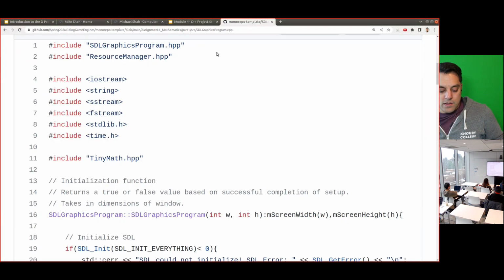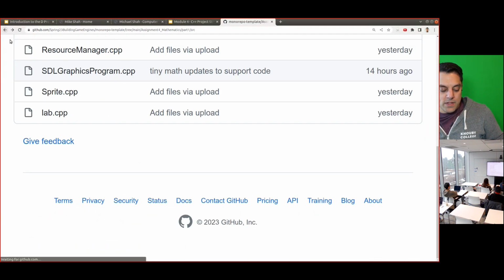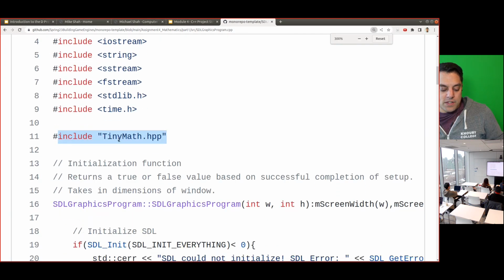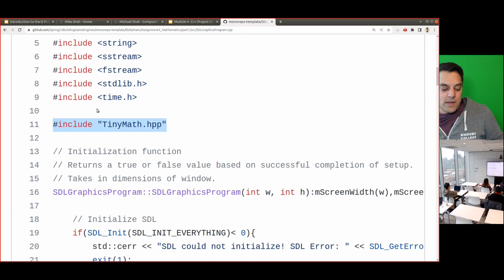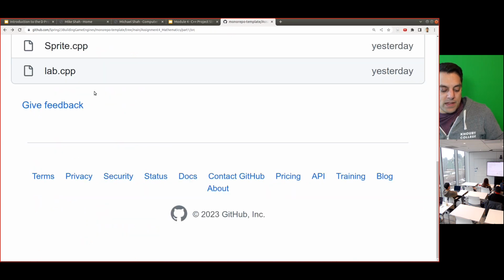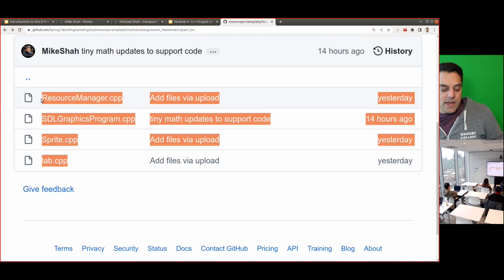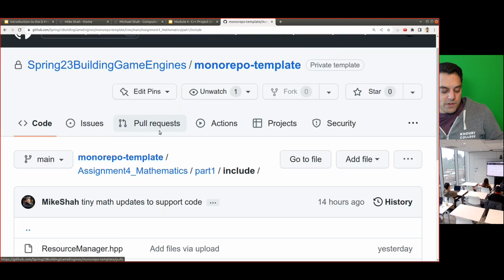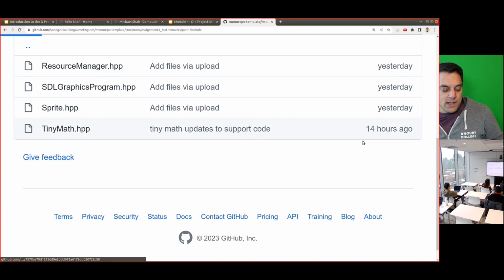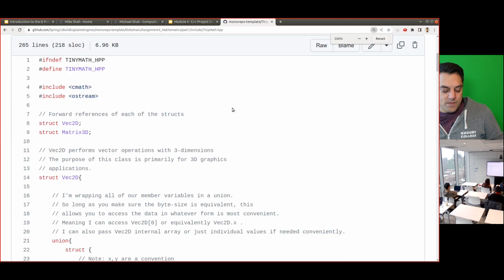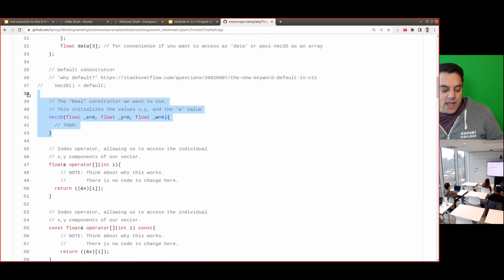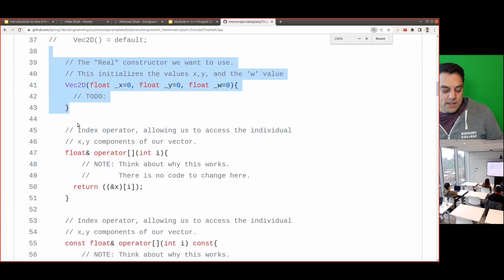So just going and showing you in the code, what does header-only mean? Well, whenever we want to use our math functions, we just include our library as such. And you'll notice there's no tinymath CPP file here. There's only, in our include directory, tinymath.hpp. And you'll see here we have a struct, and we have all the implementation code mixed in here.